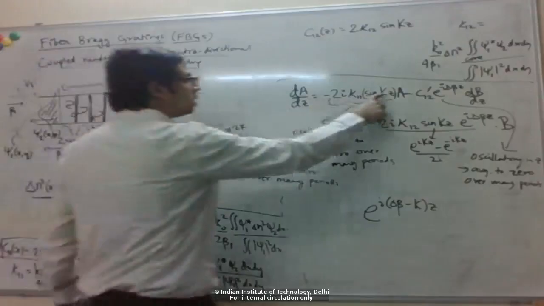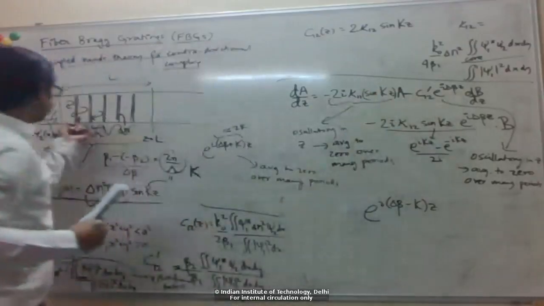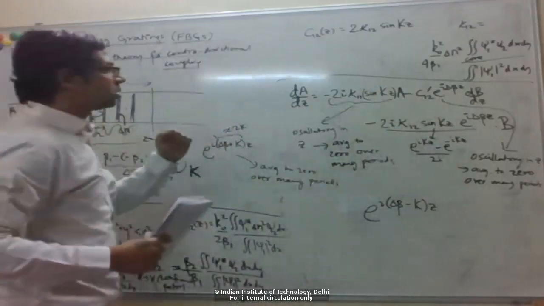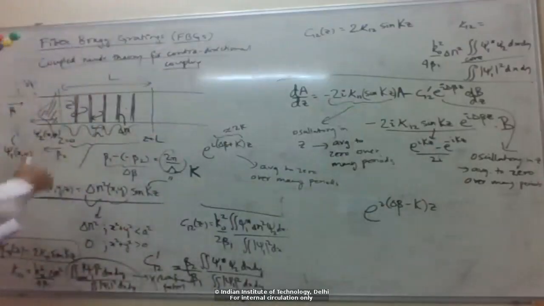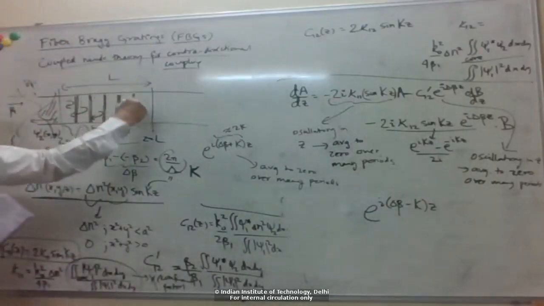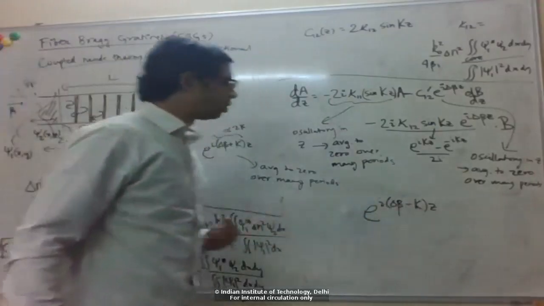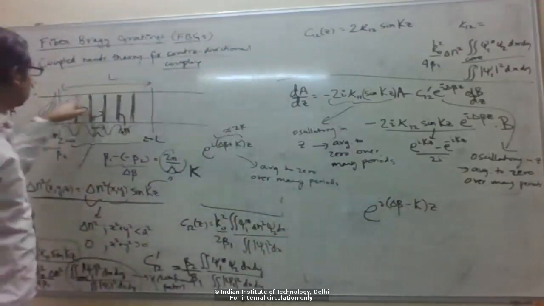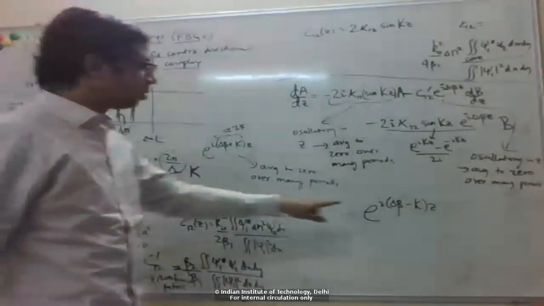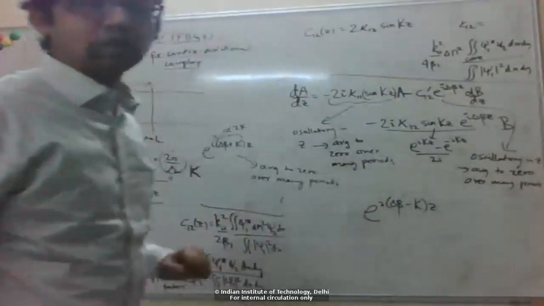These other terms have periods which are basically the grating period or twice the grating period, so they oscillate positive, negative many times over the length. So they will be 0 or near 0, while this term will be fairly constant over the length. So this term will be the only one which contributes.